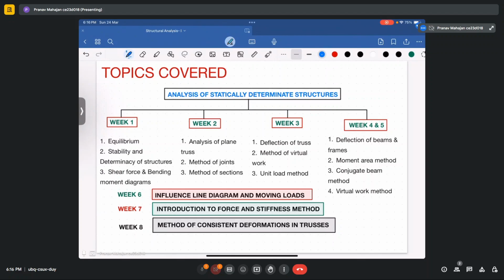So stiffness and flexibility are inversely proportional to each other, and then to determine the forces in the statically indeterminate trusses, we have utilized the method of consistent deformation. Method of consistent deformation is the same, we have called it the force method. So in the previous week we utilized this concept in trusses, and now in this current week we will utilize this concept for beams as well as for the frames.